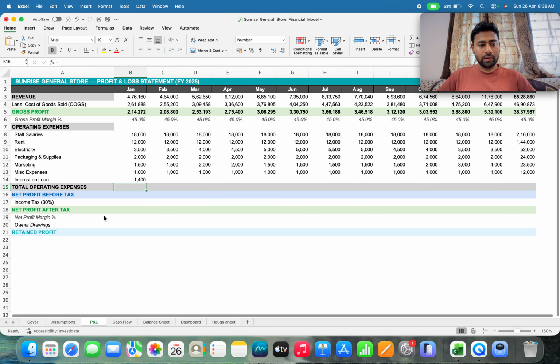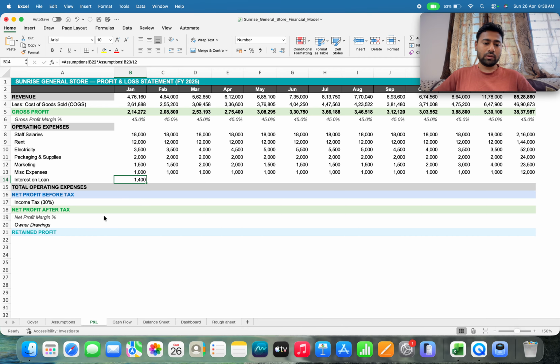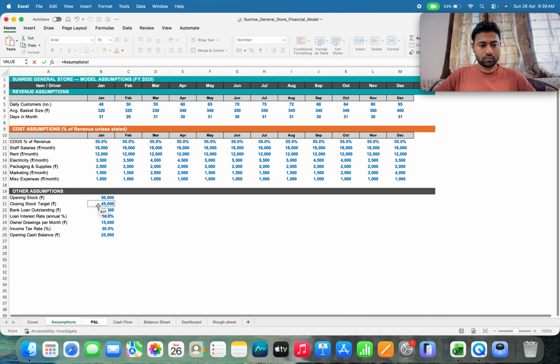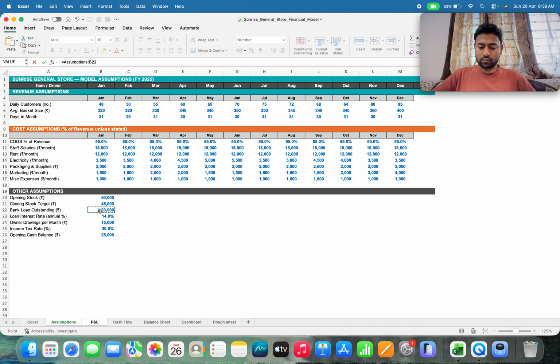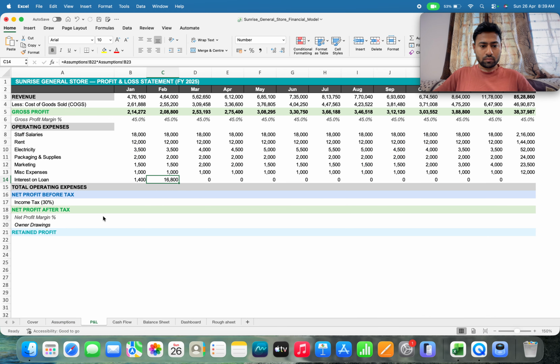So we will get the interest on loan 1400. Again, no, this is not working. So again we will put the formula divided by 12.